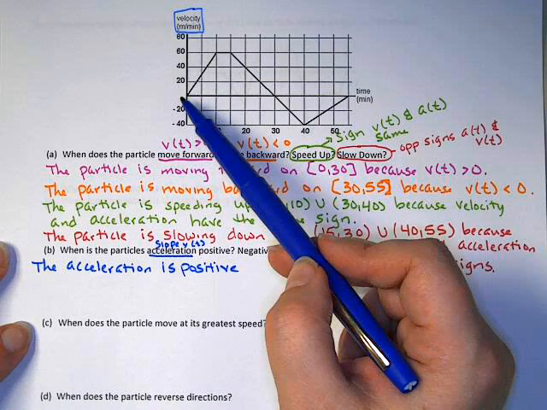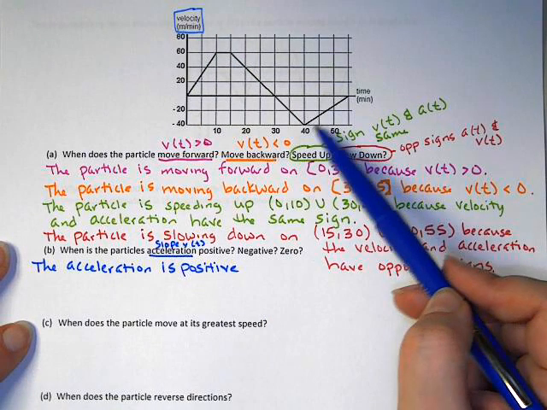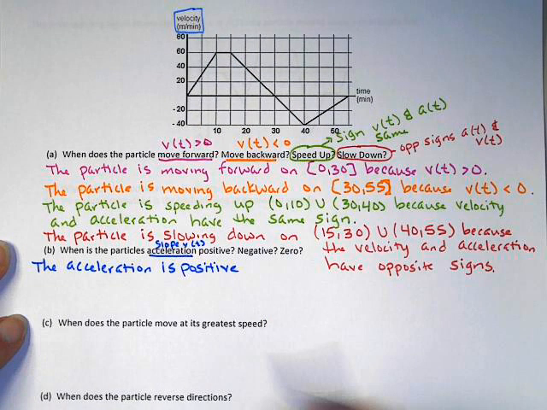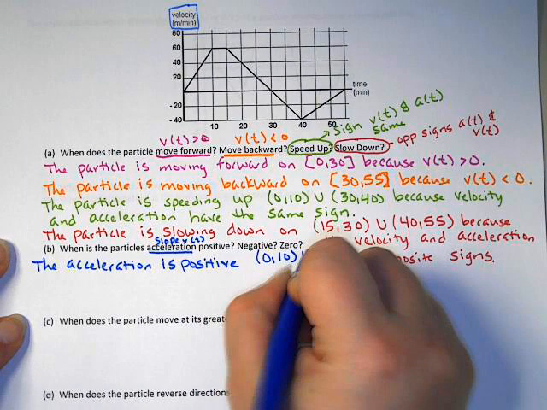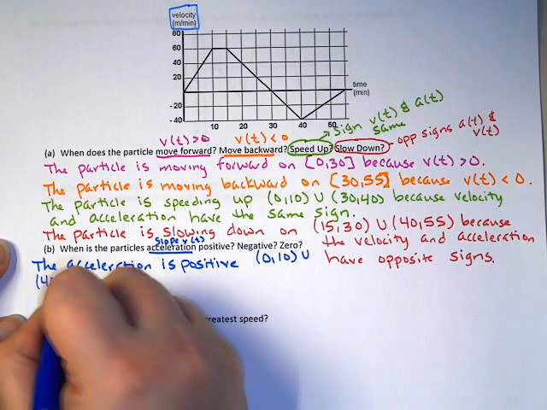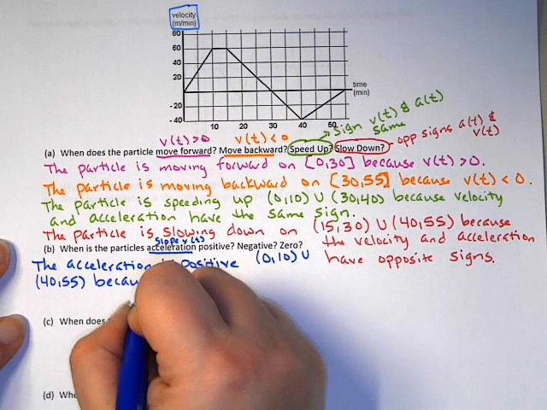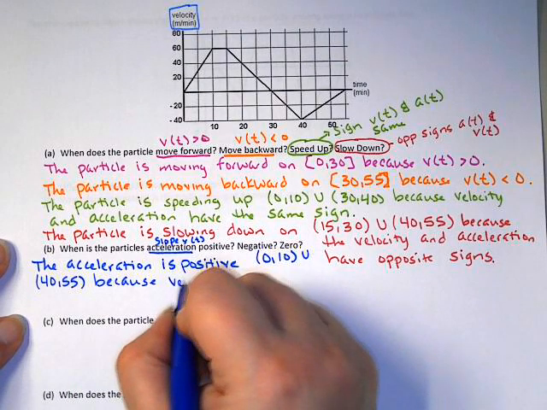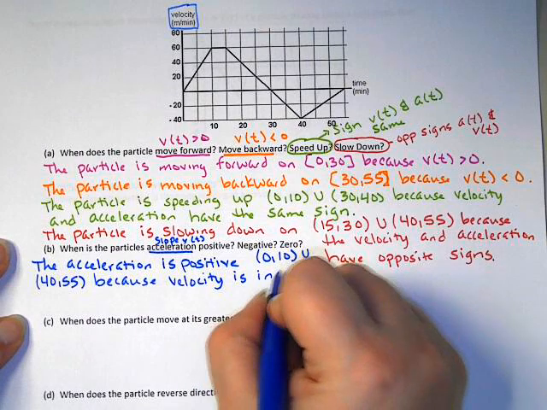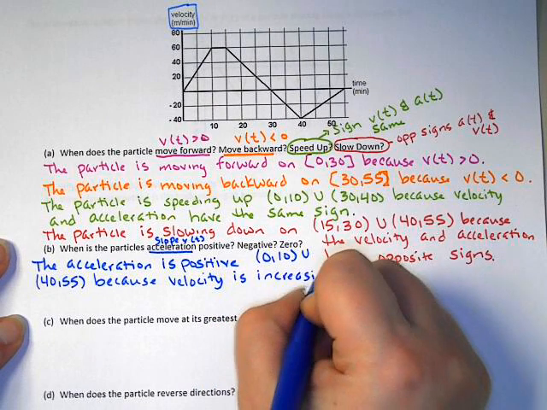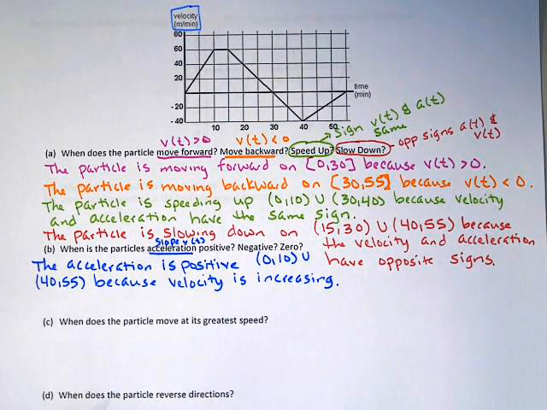So from 0 to 10, and then again from 40 to 55. And the justification there is because velocity is increasing. So anytime the velocity is increasing, it means that the acceleration is positive.